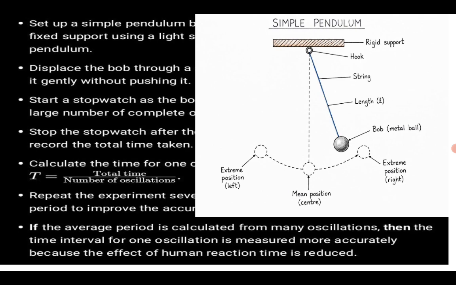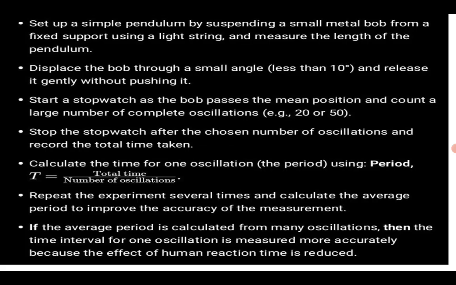Alright, so you draw a diagram like that. You are answering a question that says, describe an experiment that can be done to determine the period of a simple pendulum. So you begin by saying, set up a simple pendulum by suspending a small metal bulb from a fixed support using a light string, and measure the length of the pendulum.